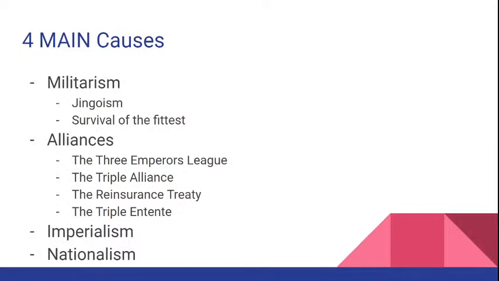So if a country wasn't necessarily militarily strong, but was taken over by an actual militarily strong country, it was the militarily strong country's right to take over that land.